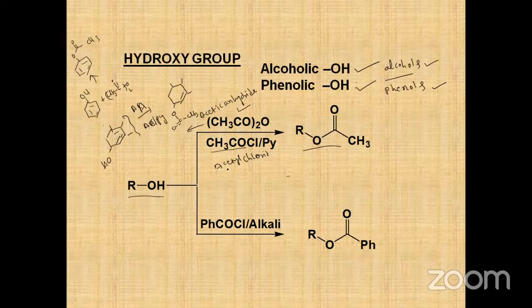Therefore, any alcoholic group or phenolic group is easily identified by treating with acetic anhydride or acetyl chloride in pyridine. That leads to the formation of an ester.